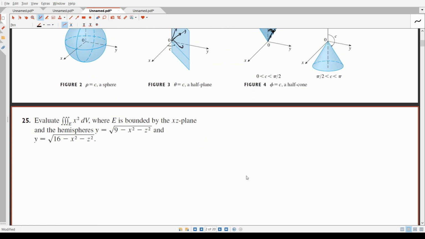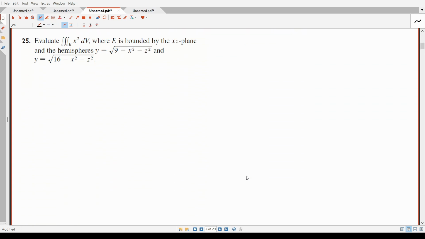Okay, so let's do an example. Evaluate the integral of x squared dV, where E is bounded by the xz plane. The first thing we do is convert the integrand, the thing we're integrating, to spherical coordinates.